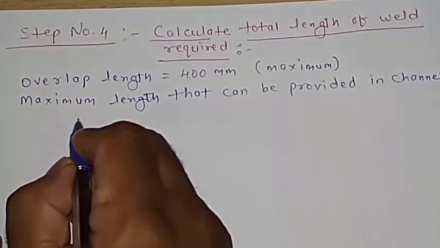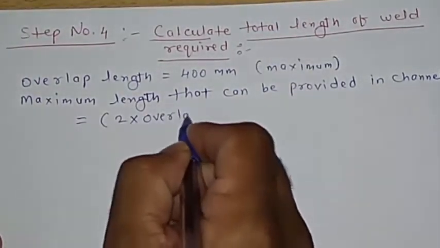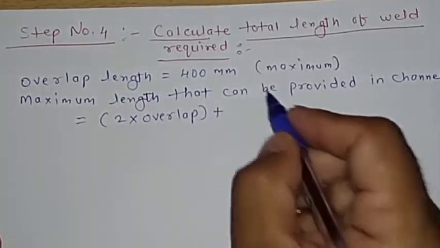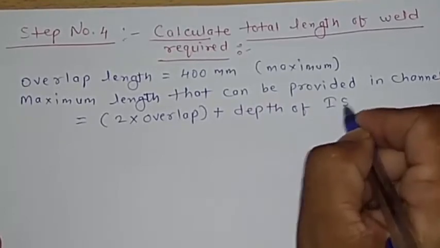And this is equals to 2 multiplied by overlap plus depth of the ISMC.